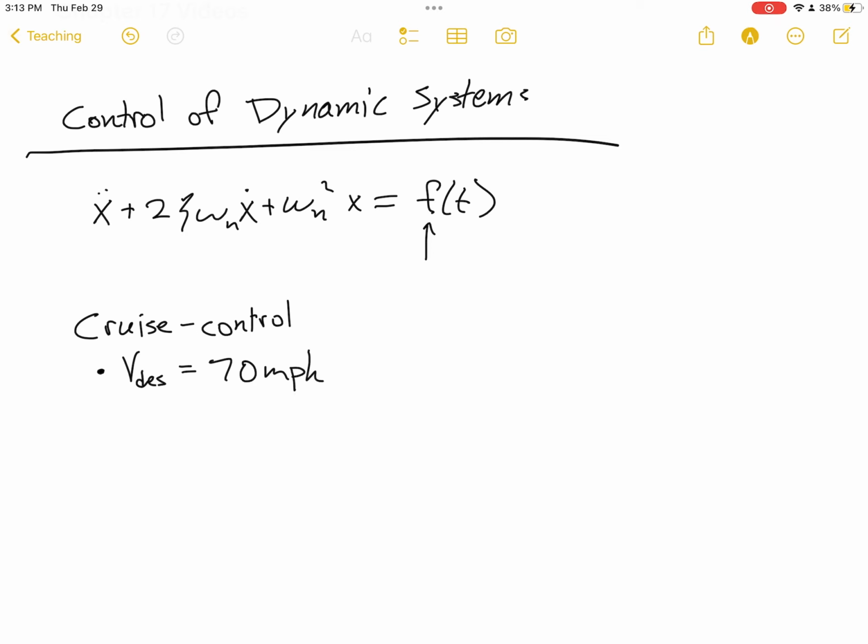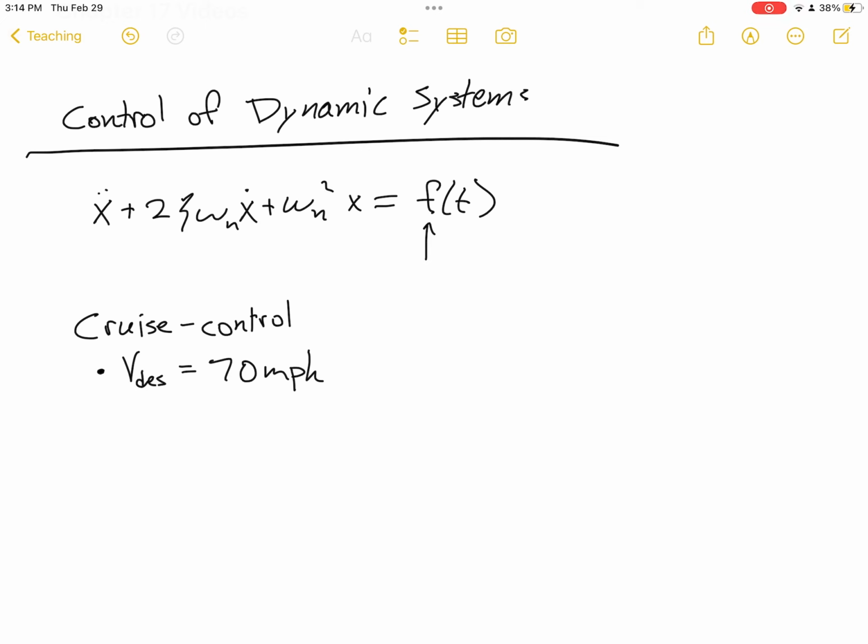And you set that speed at 70 miles per hour, and then you stop touching the gas pedal. Once you stop touching the gas pedal, your car now has to decide and apply the gas pedal, open up the cylinders, or if it's an electrical car, run the motors, just right to maintain that speed.